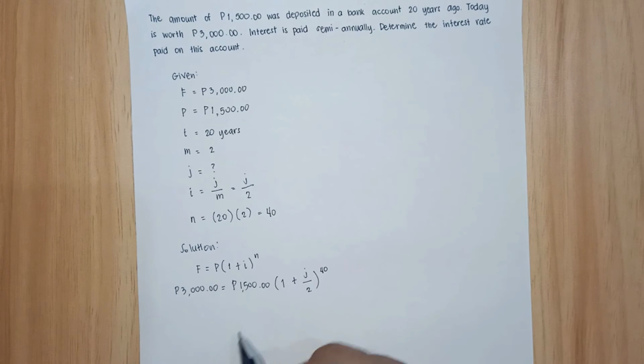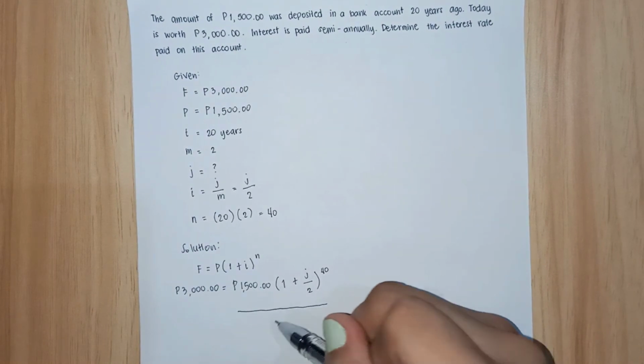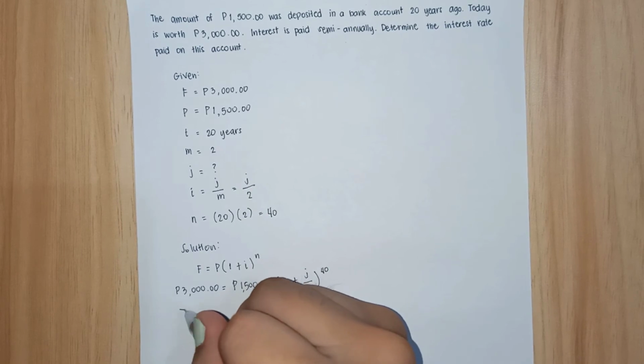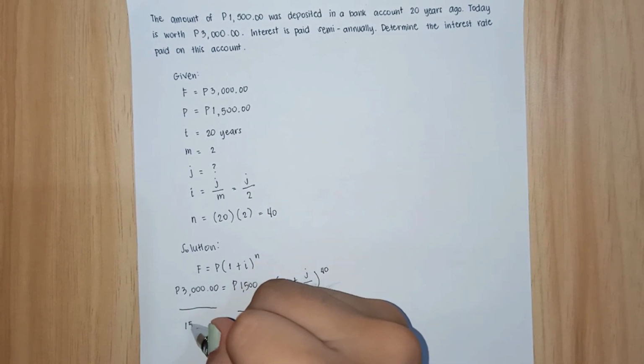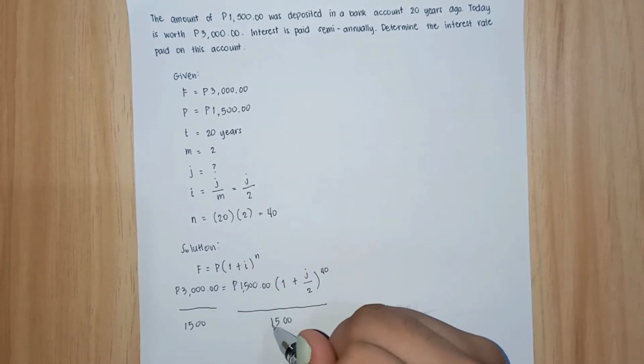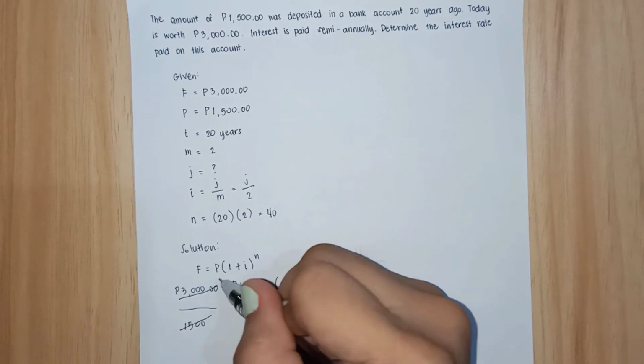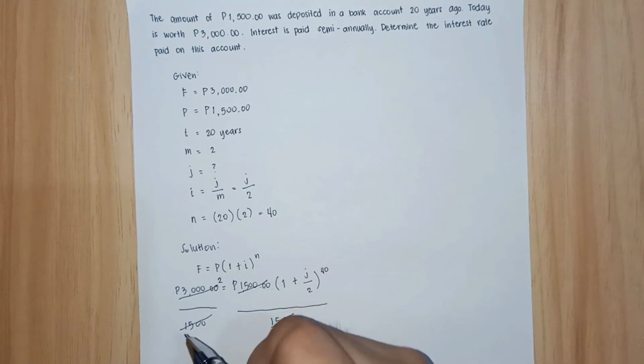Ngayon, i-divide natin siya both sides sa 1,500. Para makancel yun. Tapos dito, dalawa na lang yung may iwan.